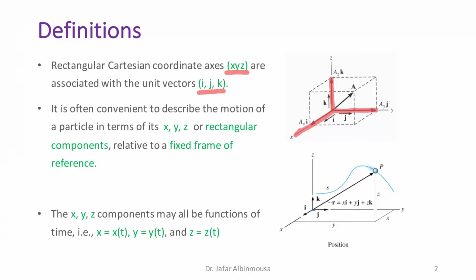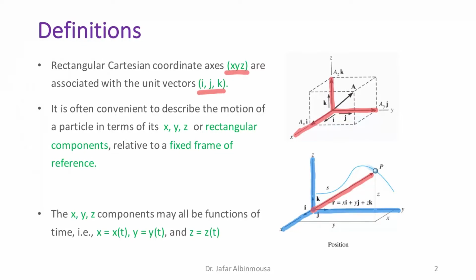So we pick an origin right here, and then we determine the x, y, and z. Then we shoot a position vector from the origin all the way to the particle. That position vector has to follow the particle as it moves along the curve.